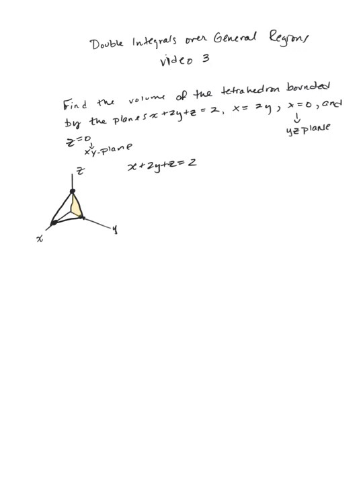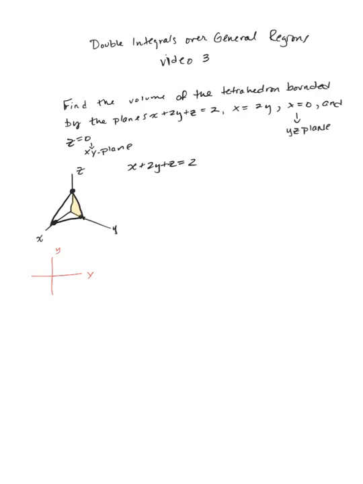So when you have x equals 2y, if you picture this, this is x, this is y.